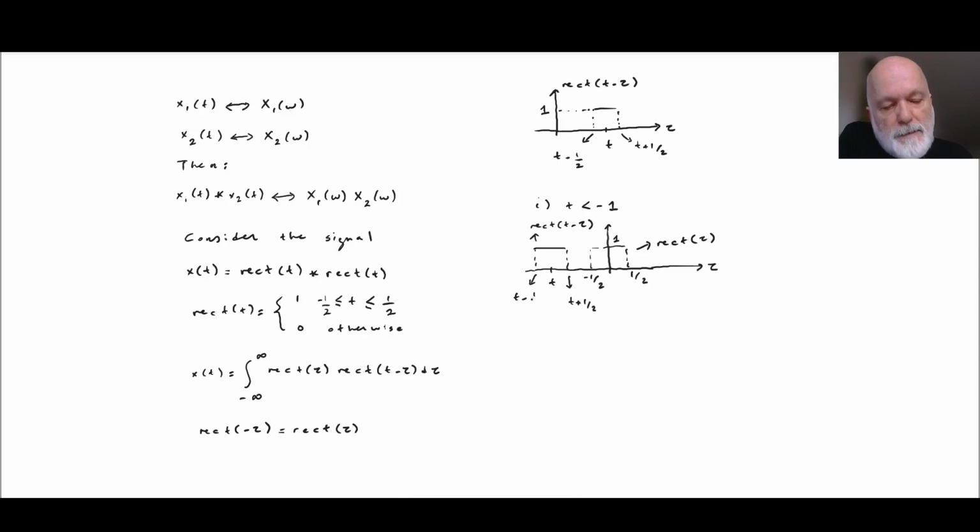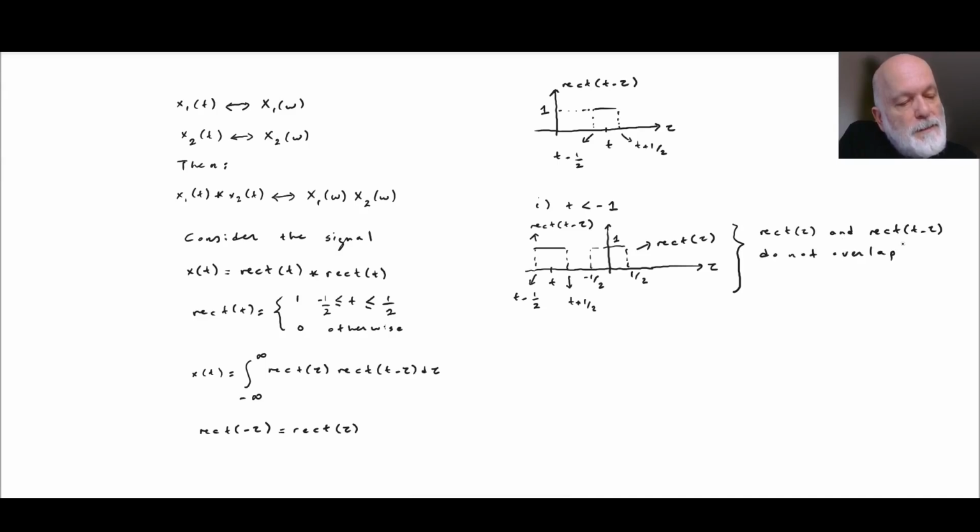From the graph we see that rect of tau and rect of t minus tau do not overlap.